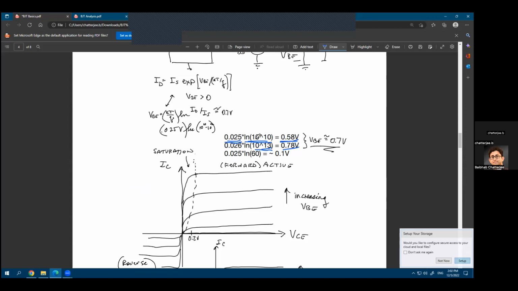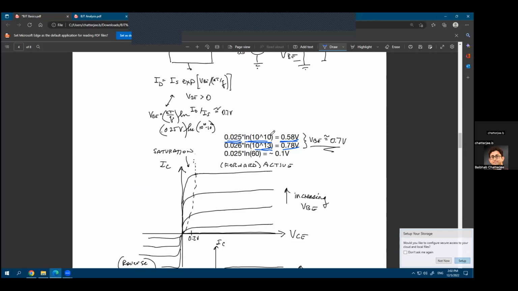And this is something you can readily prove: whenever your ratio of current changes by 10 times, the natural logarithm of 10 is 2.303, something like that. Multiplied with 25 millivolts, that gives you a change in VD of only about 60 millivolts. So as the current changes by 10 times, your voltage across the diode will only change by that small amount, right? That's why people sometimes approximate it as a certain value.